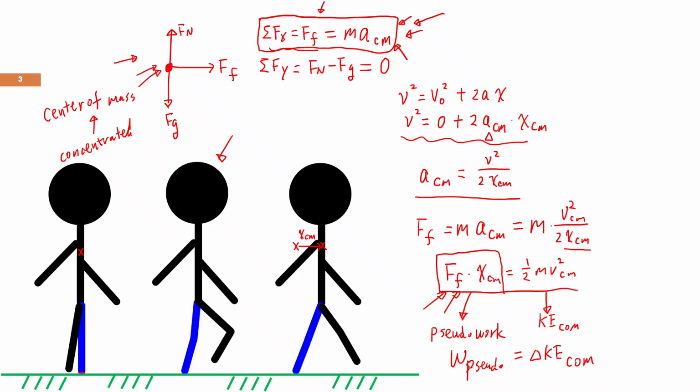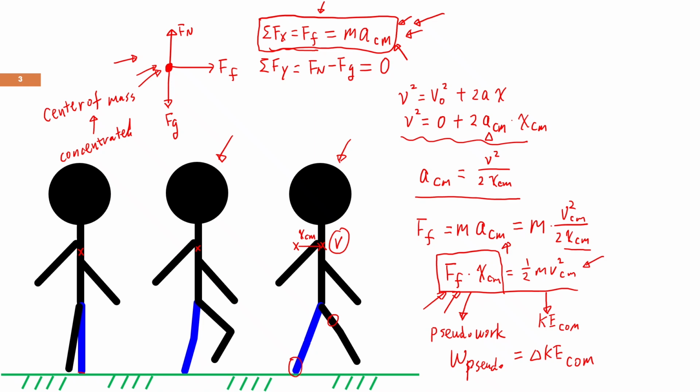Please pay attention. The velocity, acceleration, and displacement we discussed here are all with respect to the center of mass, because for this person, different parts of the body move differently. For example, the center of mass may gain a velocity of v, but this contact point does not move at all, and other parts of the body may also move with a different velocity.